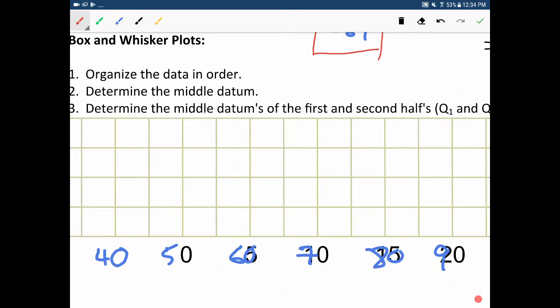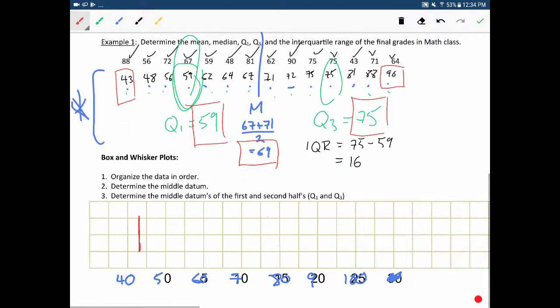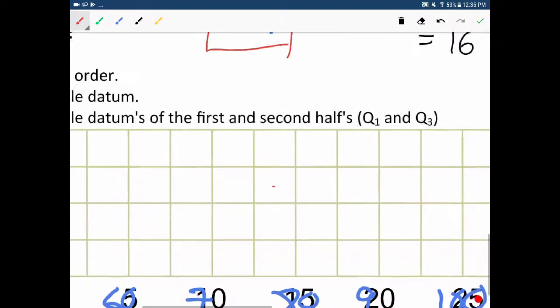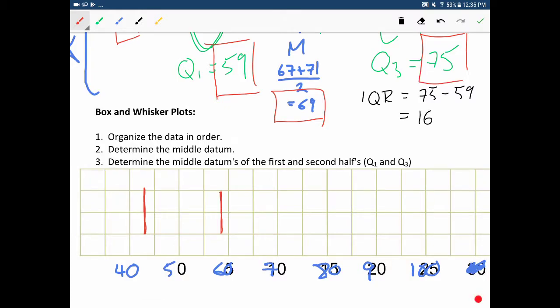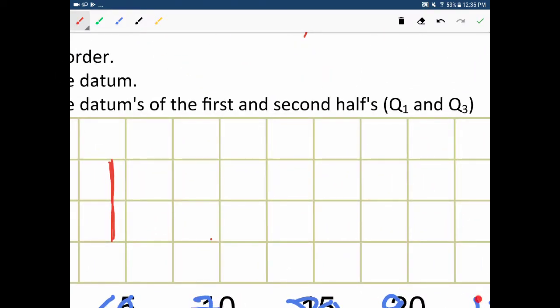That's going to be right there. It doesn't have to be exact. Then we'll put Q1, which was 59, right about there. And we had 69 for the median, which was right there.